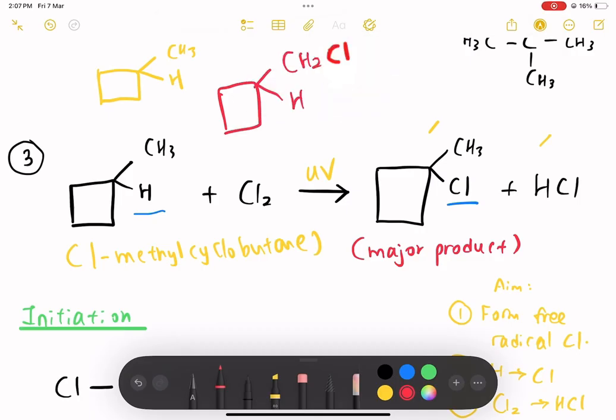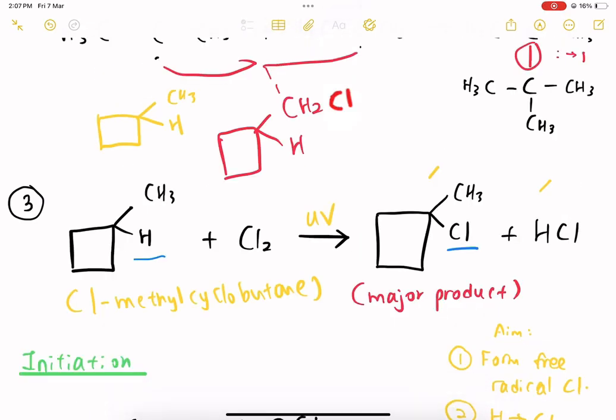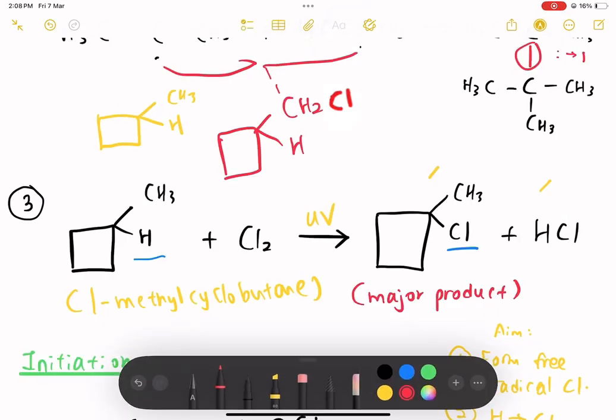It is because for stability, it will prefer a higher stability than a lower. For this case, it is primary. For this case, it is primary, but for this one, it is tertiary because it is attached to 1C, 2C, and 3C. So this is actually a C here and it is attached to 3C. So this is a tertiary carbon and it is more stable.